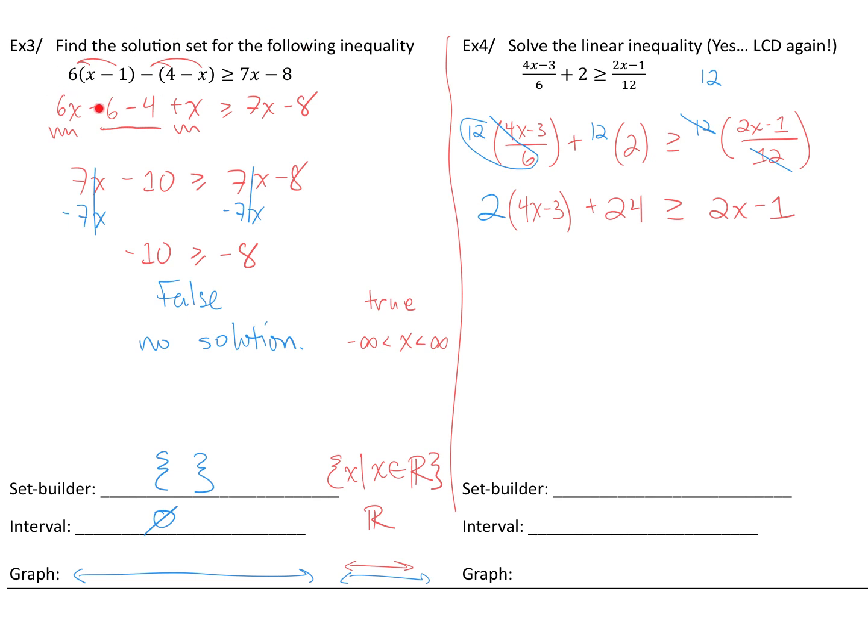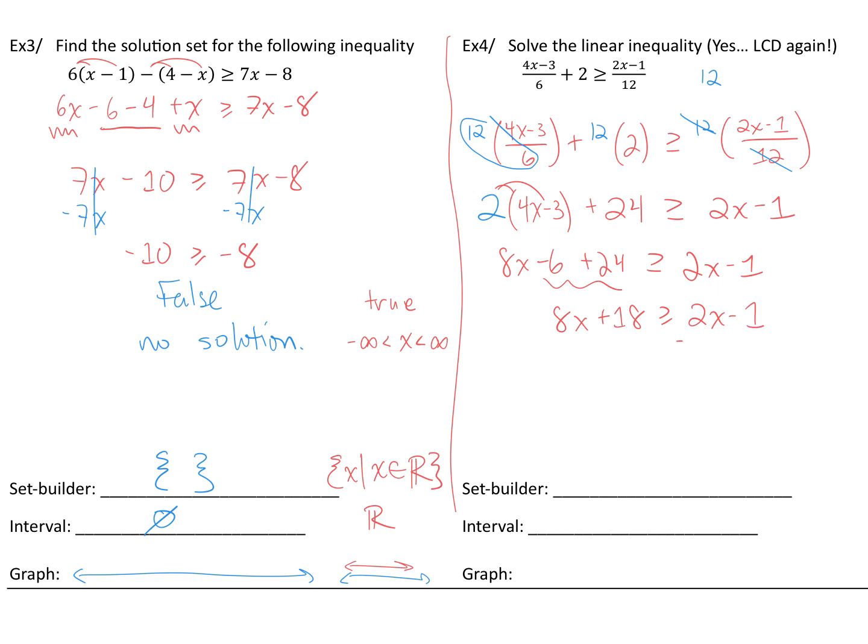We just have to make sure we distribute everything, combine like terms, and so on. That'll be 8x minus 6 plus 24 is greater than or equal to 2x minus 1. We can combine these together to get 8x plus 18 is greater than or equal to 2x minus 1.